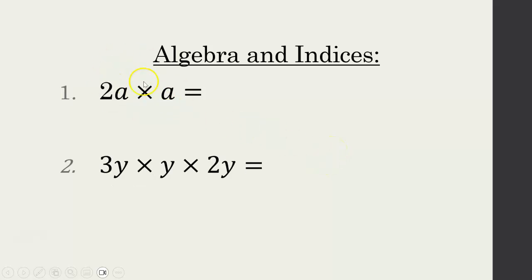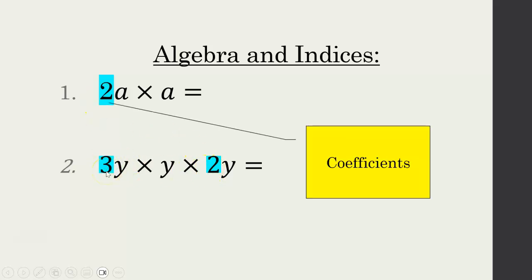What about this? How would we do 2a times a, and then 3y times 2y? First, let's think about what's different in this case. We have numbers in front of the variables. Those are coefficients, which you might remember from a previous lesson.